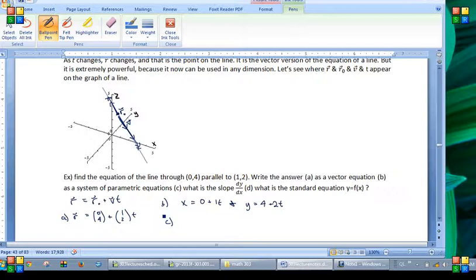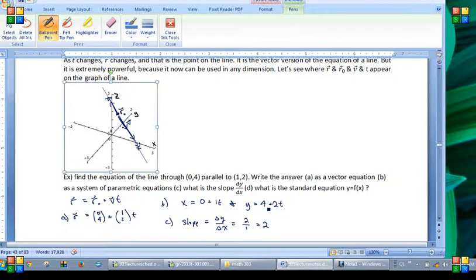The direction is dictated by the direction vector, which is (1, 2). So what does the vector (1, 2) tell us about changes in y versus changes in x? Yeah, exactly. Every time x goes 1, y goes 2. So your slope is 2.